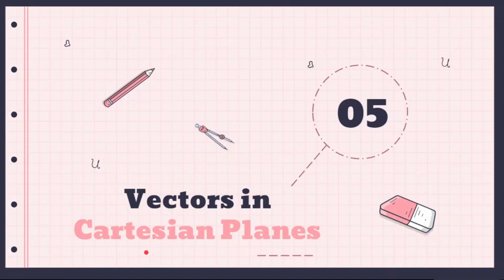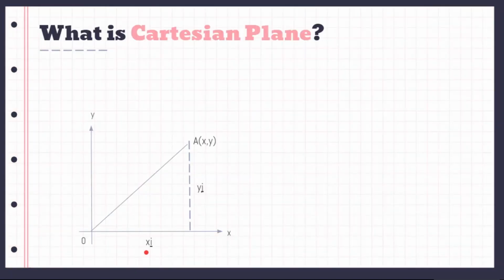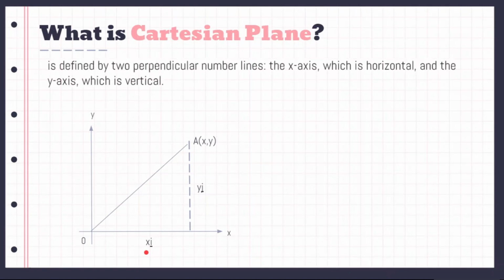Let's move on to the last subtopic, vectors in Cartesian plane. What is a Cartesian plane? A Cartesian plane is defined by two perpendicular number lines, a horizontal and a vertical line, which is the x-axis and y-axis. You'll see there are vectors i and j in the diagram here. You may be curious and ask what they are.